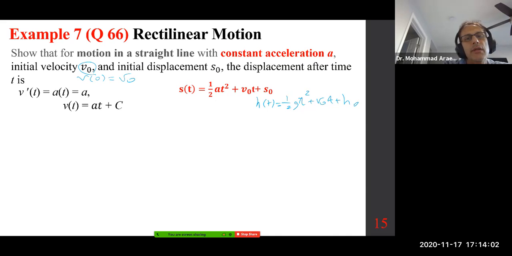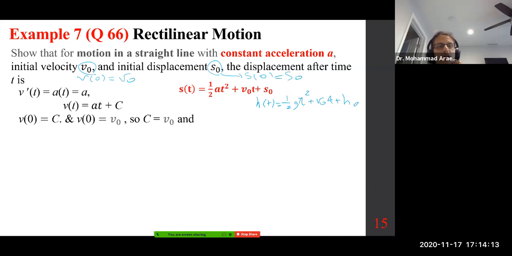That's the meaning of it. S of 0 is S sub 0. So we replace it. V of 0 is a constant. If you plug in, if you replace the t with 0, this becomes c. On the other hand, we know it's V sub 0. So the constant is that. And so your V of t becomes a t plus V sub 0.